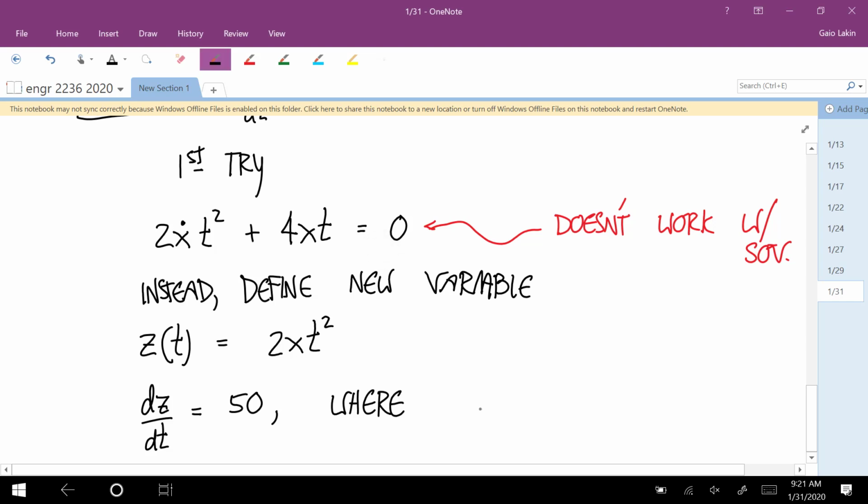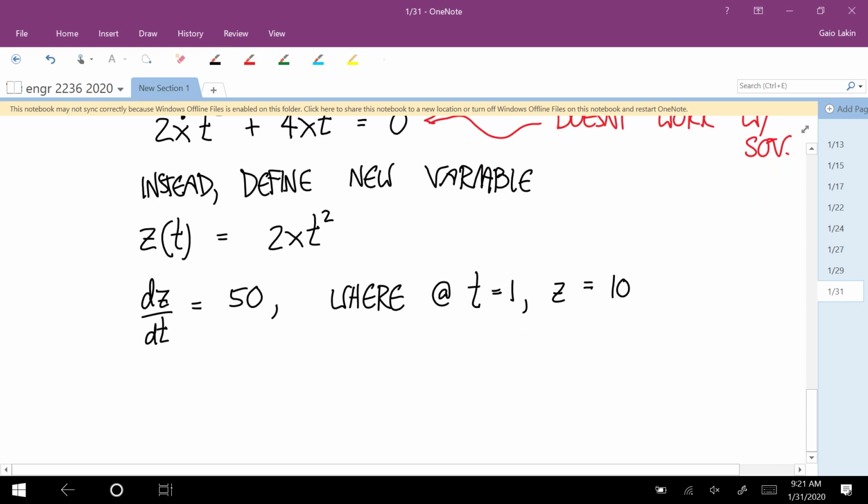So at t equal 1, z is equal to 1 squared times 5 times 2, so z is equal to 10. And now it's a pretty easy problem to solve by separation of variables. So you get the integral of dz is equal to the integral of 50 dt. So z is equal to 50t plus c.